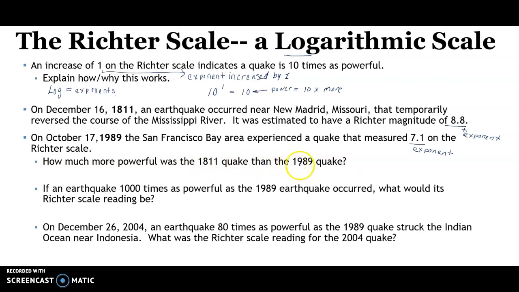So first thing I want to do is just figure out how much the exponents changed. So I'll take 8.8 and subtract 7.1, and that gives me a change of 1.7. So this is the change in exponent.